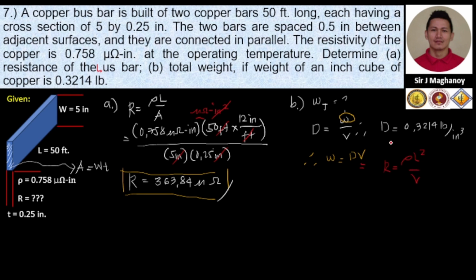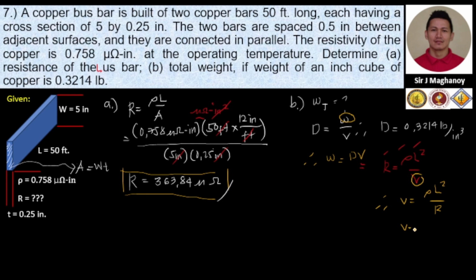Do we have the value for R? Yes, we solved it already in a previous problem. We have the value of resistivity? Yes. The length? Yes. Therefore, we can determine our volume. Okay. So let's start solving our volume first. So our volume, therefore, is equal to the resistivity times square of length all over the resistance.